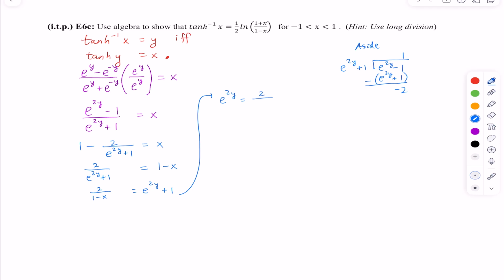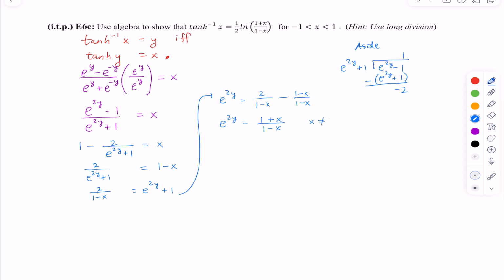We need to find a common denominator. And we finally get e to the 2y is equal to 1 plus x over 1 minus x.